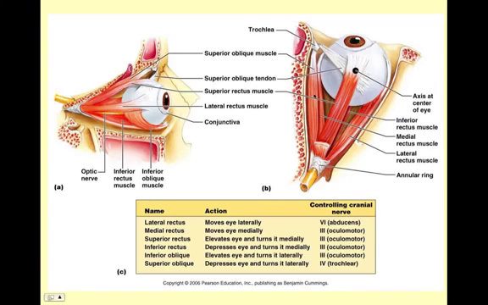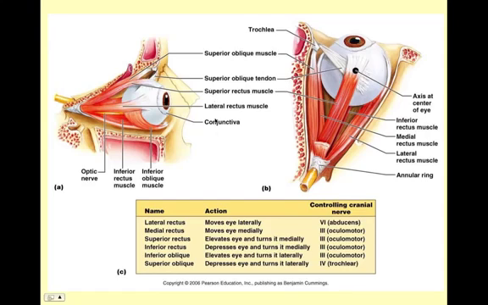So this is innervated by the trochlear nerve, and we remember it because there's the trochlea that changes the direction of the superior oblique, and so it's the trochlear nerve. The lateral rectus is responsible for moving the eye away from the midline, so abducting the eye, and it's on the lateral side of the eye, not surprisingly.